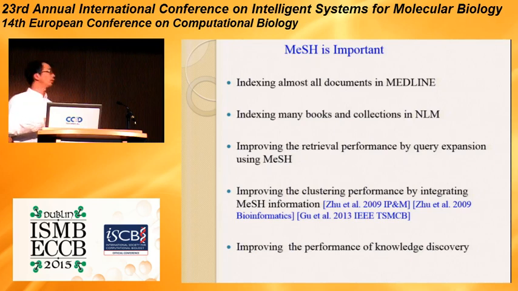It has also been used for query expansion to increase retrieval performance. We have also done some work on document clustering by integrating MeSH information. We also know that drug discovery using biomedical text mining is a very important research topic in biomedical text mining.